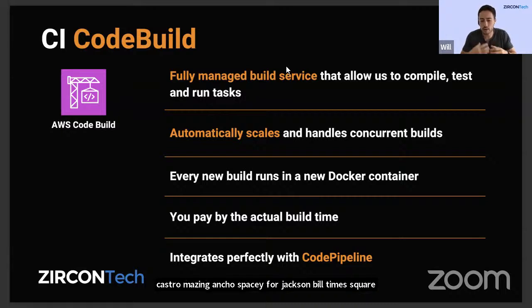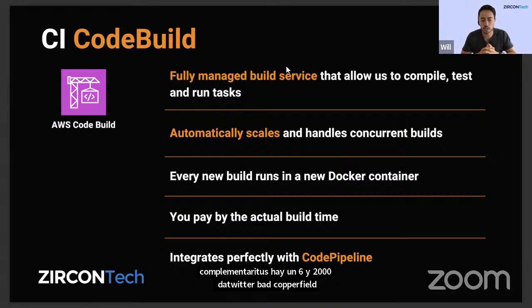While Jenkins requires us to maintain that server, we can also take some benefits from Jenkins, like the plugins and things like that. So they can be complementary tools, I would say. It doesn't mean that we need to decide between one and the other, but Code Build focuses on that particular part of executing scripts and processes, running tests, and we don't need to manage that server.